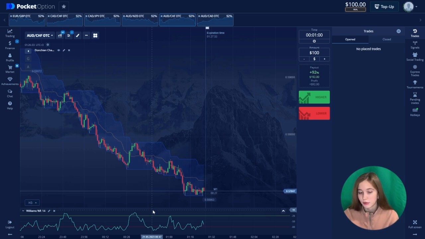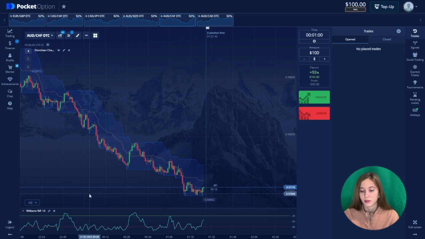All this is multiplied by minus 100. The optimal period is often considered to be 14, and you can set it up however you like. So I think it's clear when the indicator works.